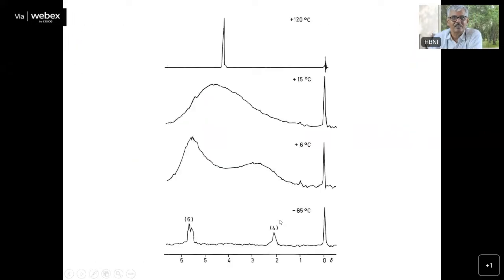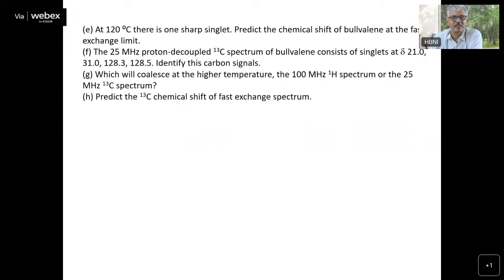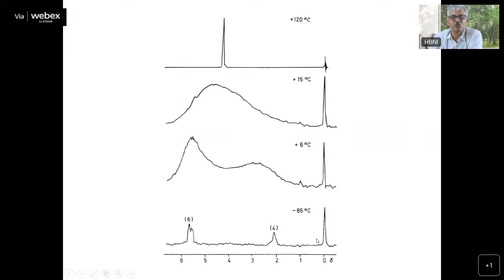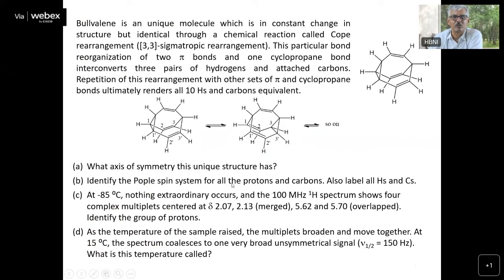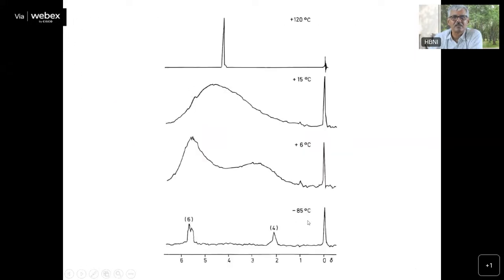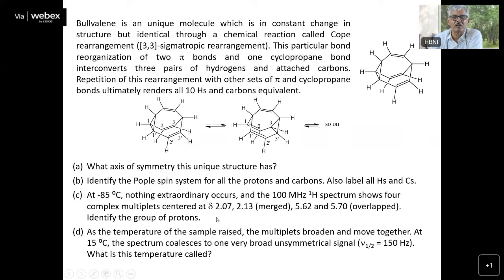Now let us see that. I have shown you here dynamic NMR spectroscopy, a temperature dependent spectroscopy. When you record the spectra of this molecule at minus 85 degrees centigrade, you see there are 4 sets of signals.